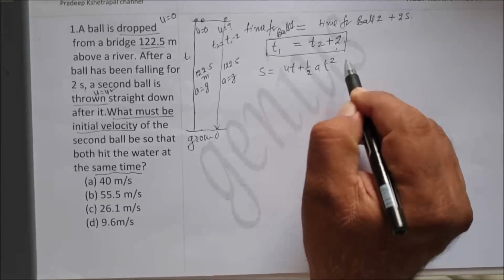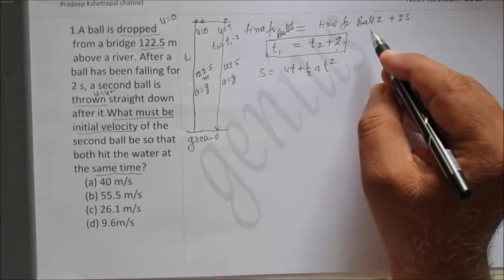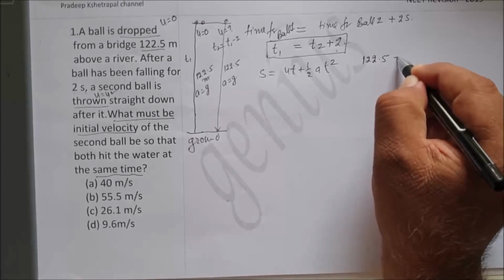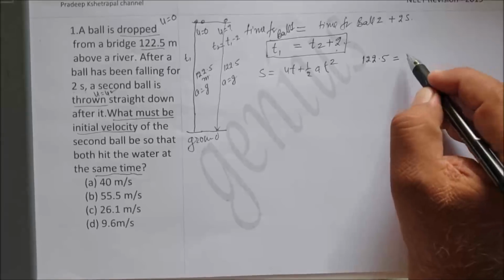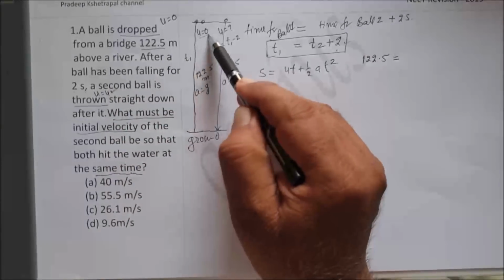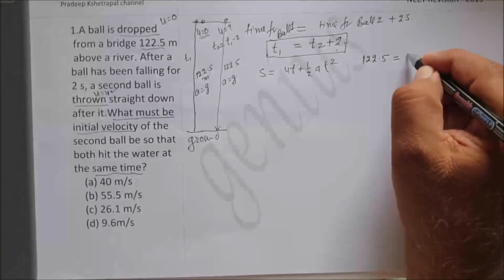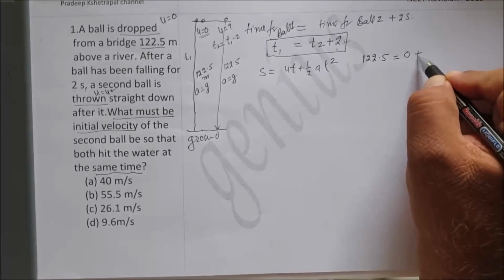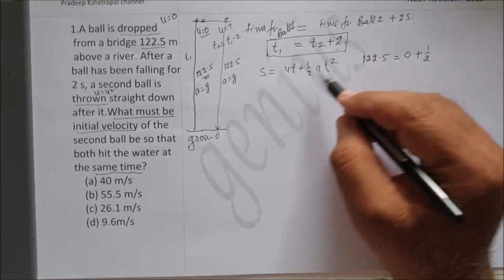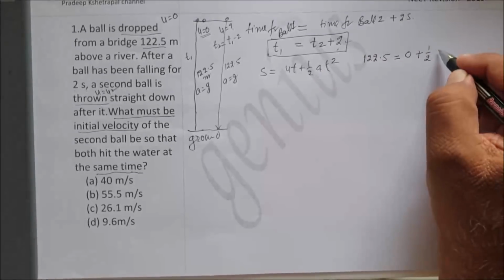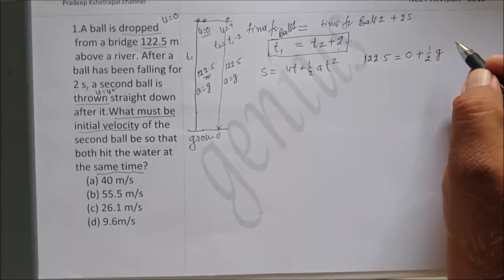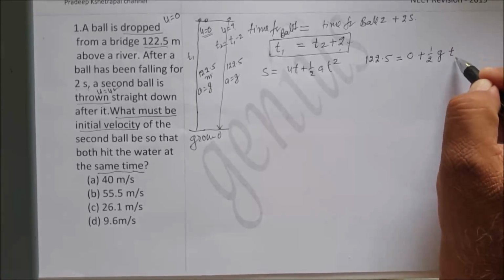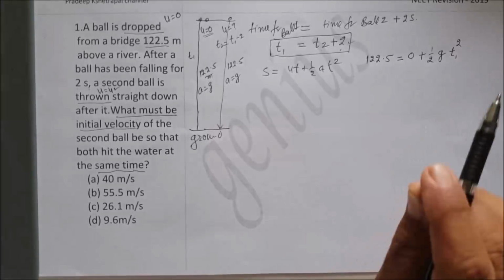In this reference, S is 122.5, which is equal to, for the first case u is equal to 0. So S is equal to ut plus half gt square, and the value of a, let's put it g. When required we will put the value g, and this is T1 square.